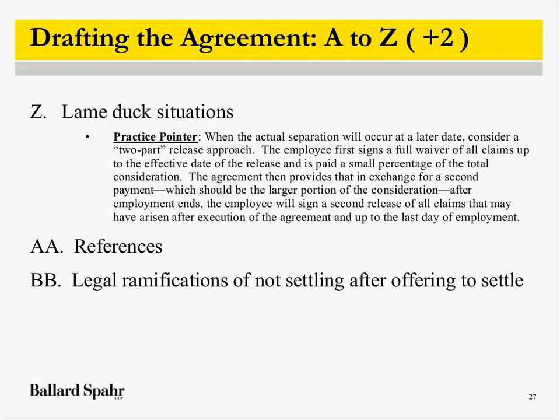Deal with the issue of references. Usually we only provide severance data, census data. However, if the employer has knowledge and a good faith reason to believe that the employee has engaged in serious misconduct, such as sexual harassment or sexual assault, carefully consider whether even a neutral reference can be provided.